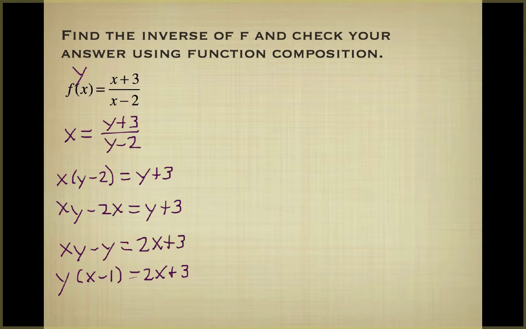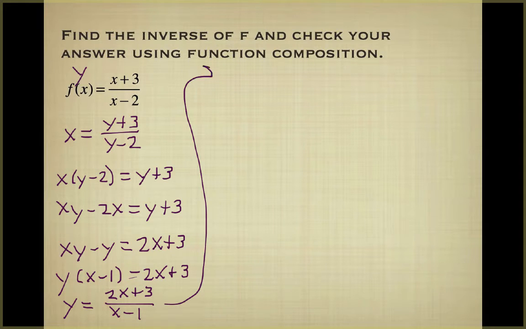And then we'll divide both sides by x minus 1, giving us y equals 2x plus 3 over x minus 1. We will relabel this. This is our inverse function. We're going to say f inverse of x is equal to 2x plus 3 over x minus 1. There is my inverse function.